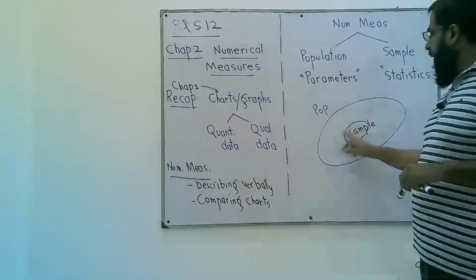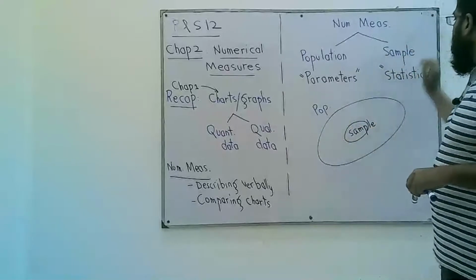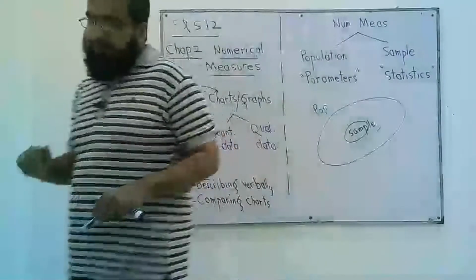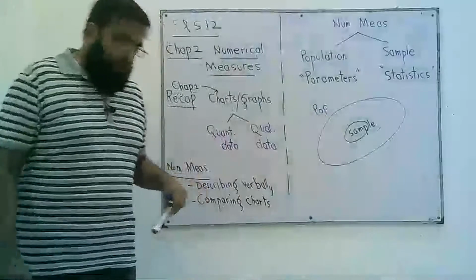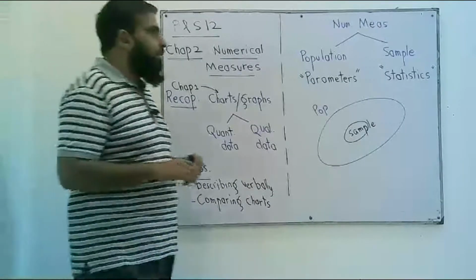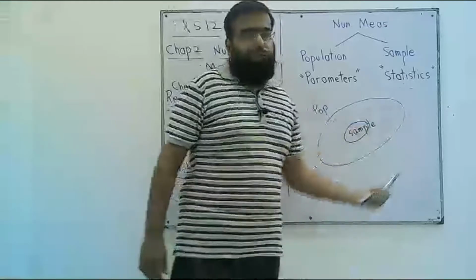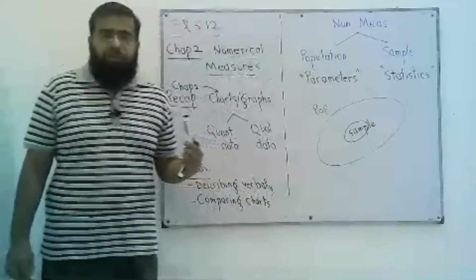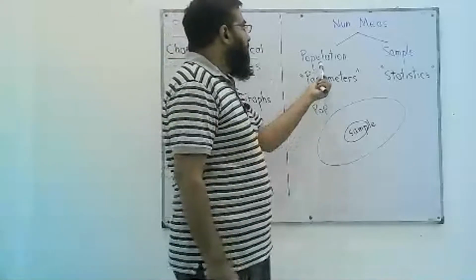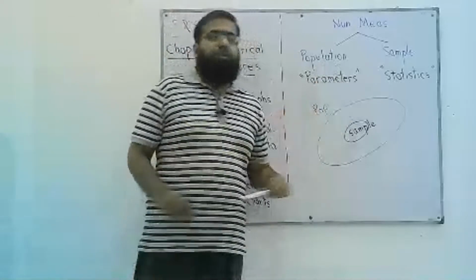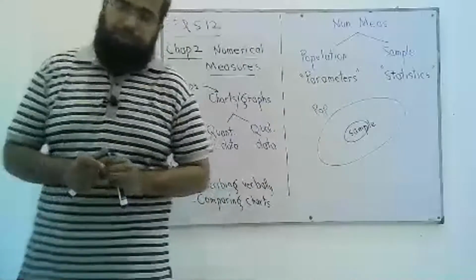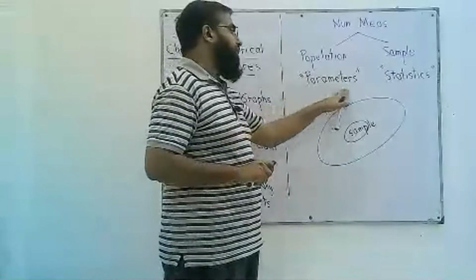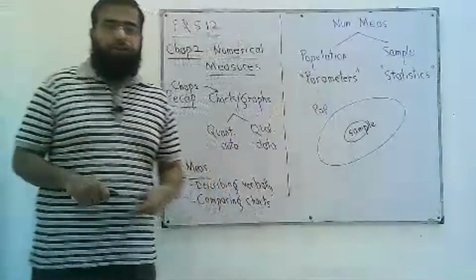Numerical measures calculated on samples we call statistics. Statistic means something that changes, since with the change of the sample, we have another sample, and the numerical measure would change. For population, we don't use the word statistic. Numerical measures of the population are called parameters. A parameter is something constant, right?